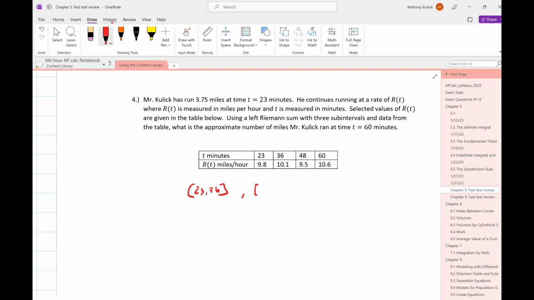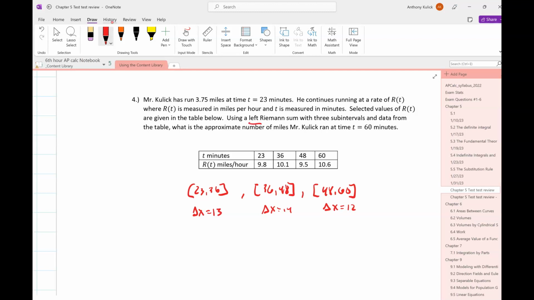I'll make an interval from 36 to 48. And I'll make an interval from 48 to 60. Right? The delta x is 13, 12, and 12. So those are the widths of my rectangles.